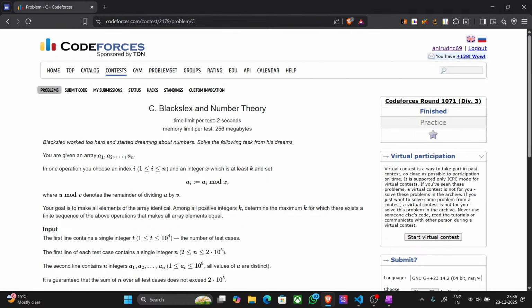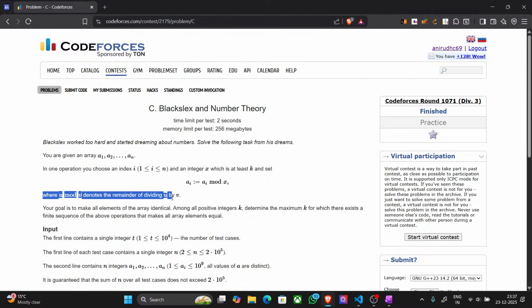In this problem, you are given an array a1 to an. In one operation, you can choose an index i and an integer x which is at least k, and set ai as ai mod x, where u mod v denotes the remainder of dividing u by v.